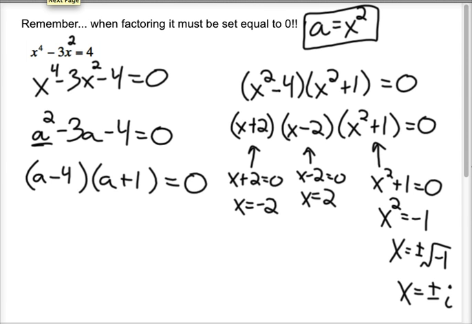So don't forget that when we're solving these, sometimes we can have imaginary solutions. We saw that back when we were constructing polynomials. So this time, our 4 solutions are negative 2, positive 2, then plus or minus i, which you won't see graphically, but are 2 imaginary pieces to the solution of this polynomial.